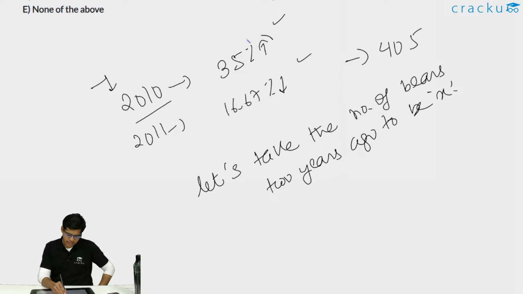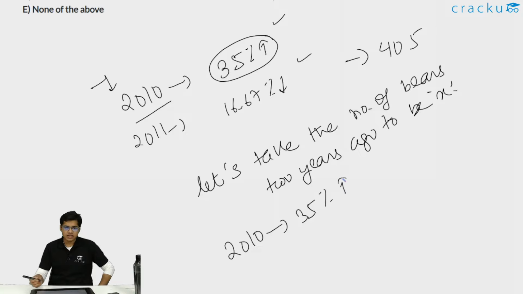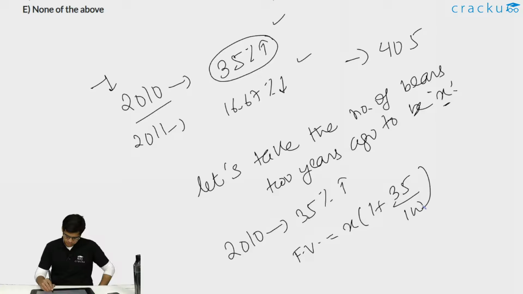In 2010, 35% is getting increased. Now we know what the final value will be. Final value will be initial value X into 1 plus percentage increase upon 100, right? This will be the final value.